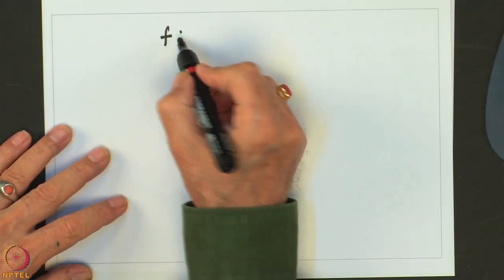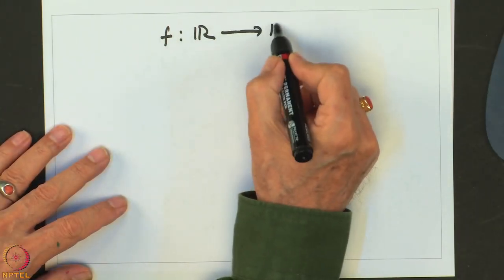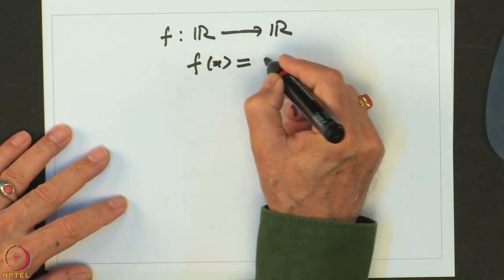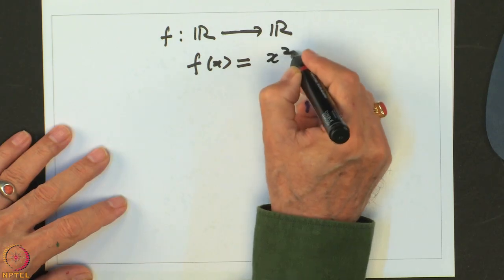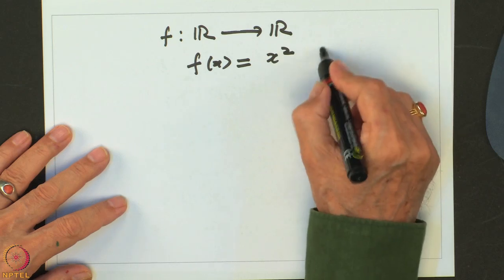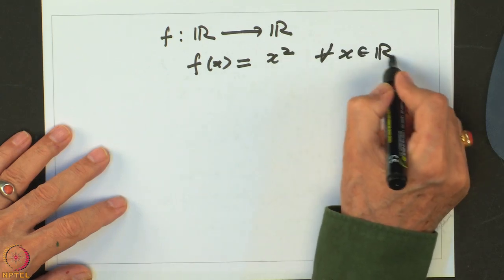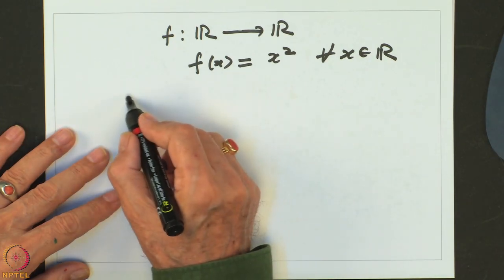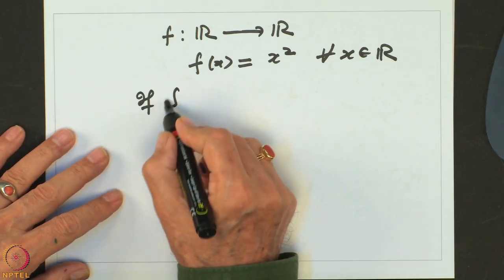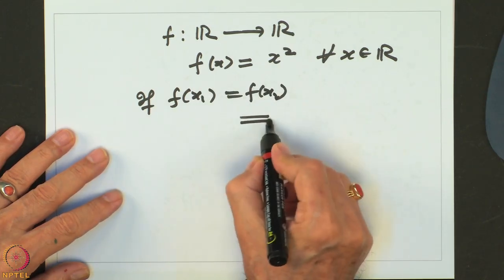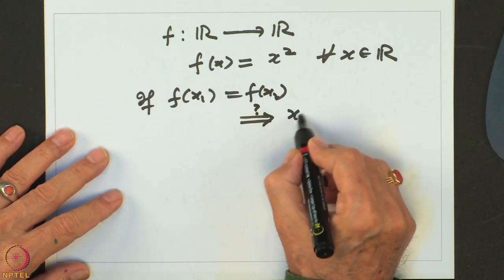So, let us look at a function f from the real line to the real line, where f of x is equal to x square, for every x belonging to R. Now, can I say that if f of x1 is equal to f of x2, this implies that x1 is equal to x2?